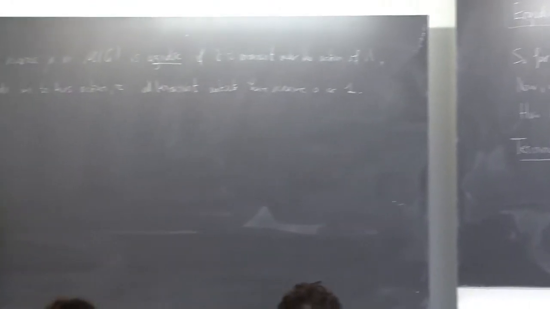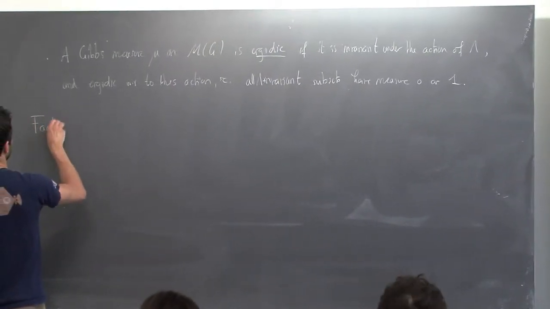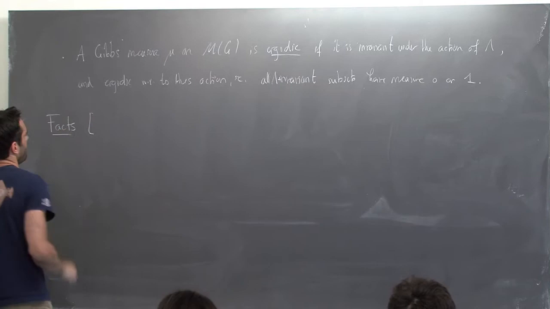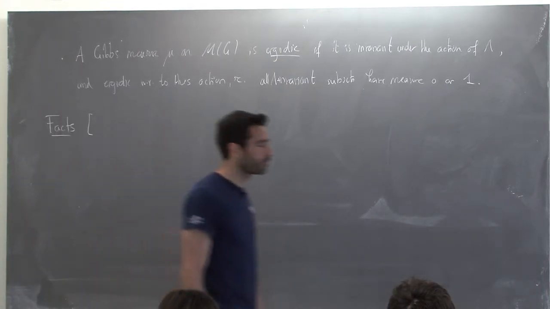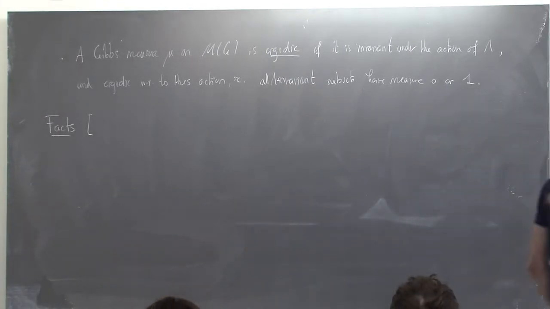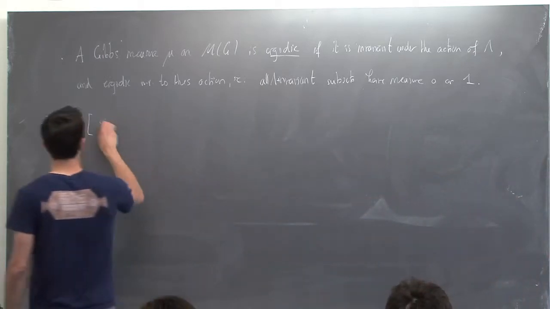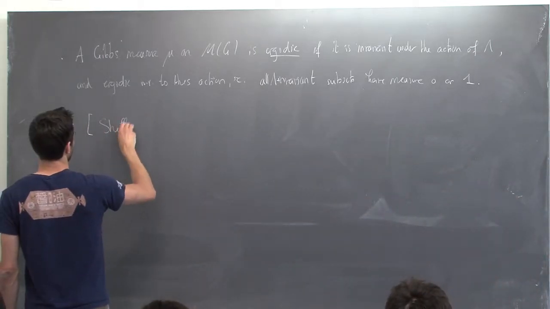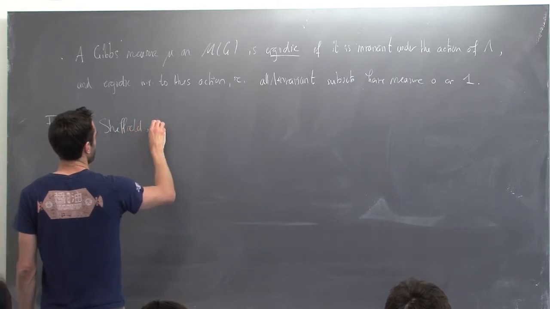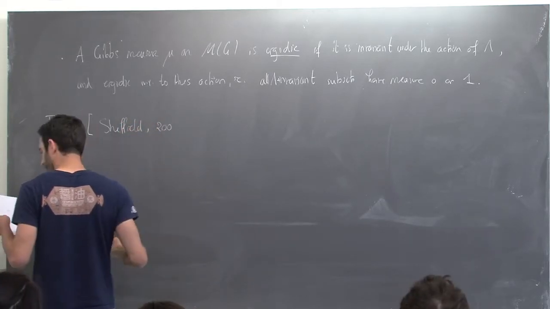Okay, and now here are the facts. The only facts I will need, really, I could have not defined this, it would have been fine. These facts are due to Sheffield. He proved them in his PhD thesis, that was in 2003.